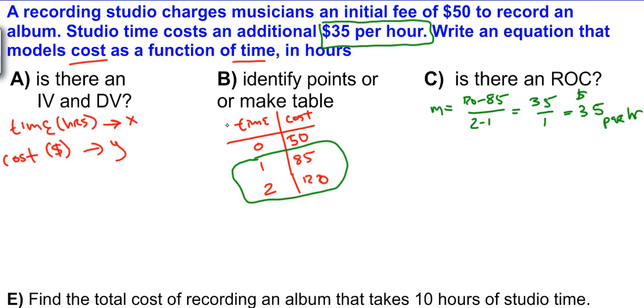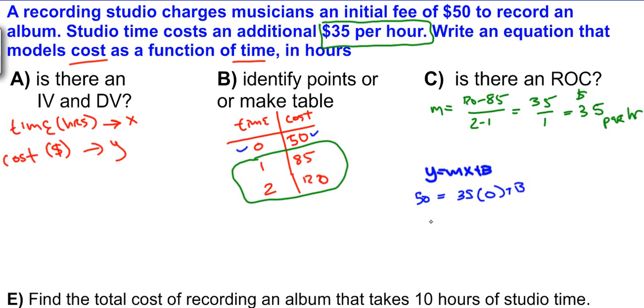But it wants me to write an equation. Well, how do we write an equation? We do it just like we've been doing it. We start with slope-intercept form. Okay, I need a y value. I can use any y value I want. So I can use 50 equals my slope times my x, so I'm using this point right here, plus b.